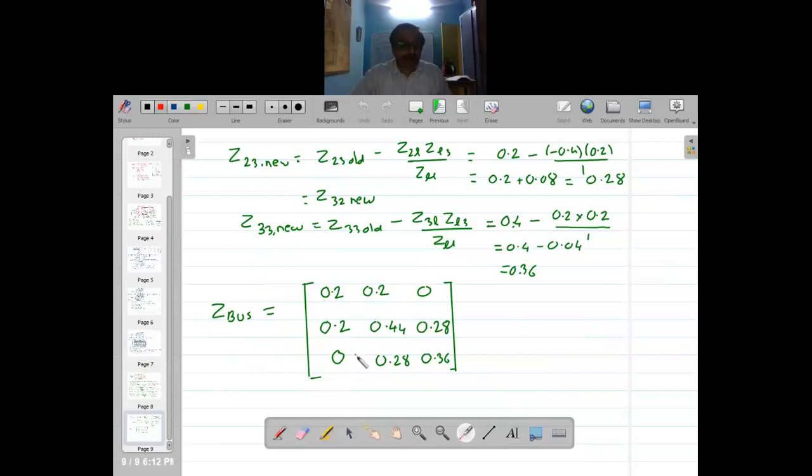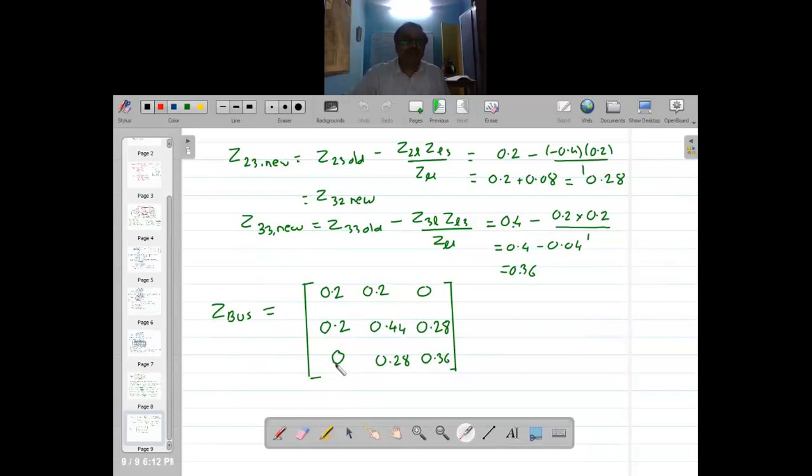Now I will give you a similar problem, but I will give you a hint also on how to make sure that you have arrived at a correct solution. At every stage it is very simple: this Z bus must be the inverse of Y bus.